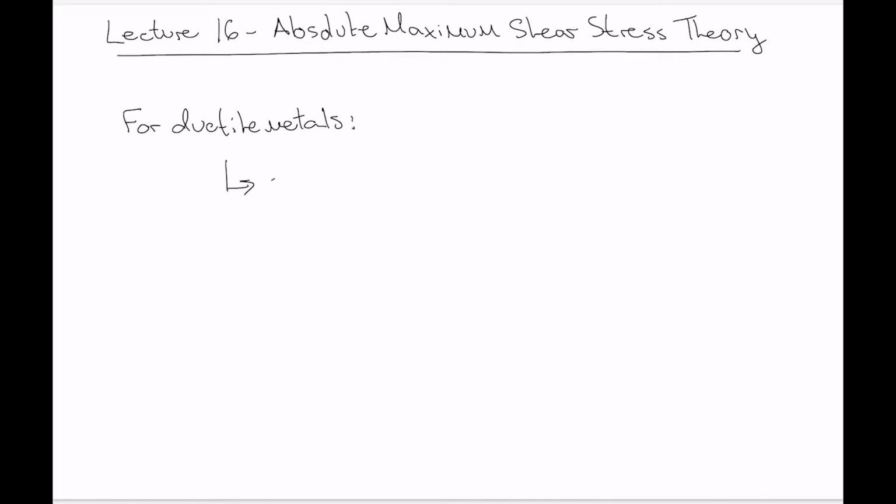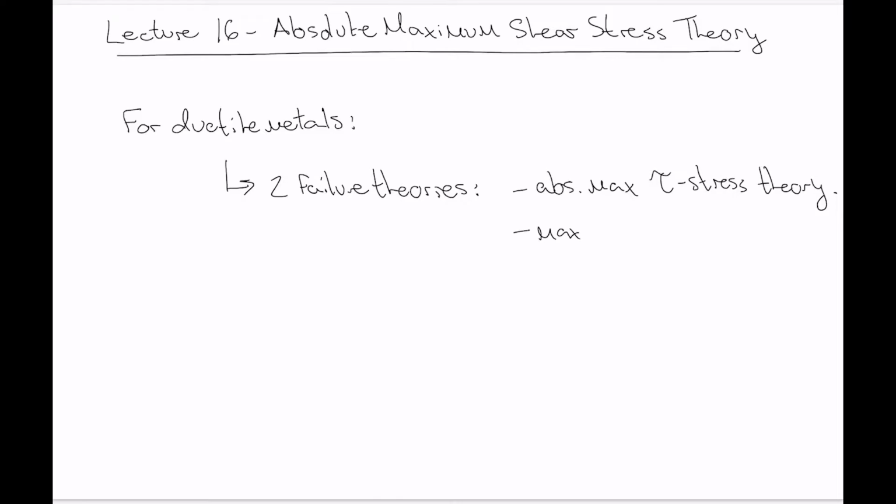So we've got two failure theories: the absolute maximum shear stress theory, which we'll do this class, and we've also got what's called the maximum distortion energy theory. And we'll do that one next class.